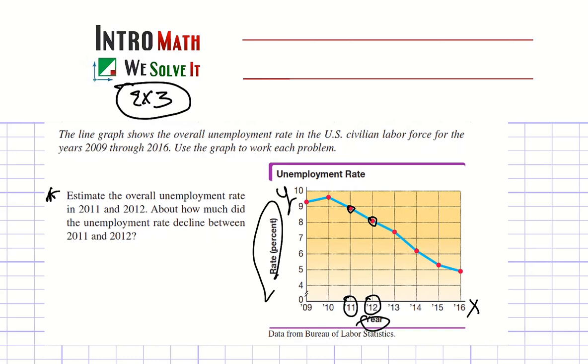The information on the x-axis represents years. The information on the y-axis represents the rate of unemployment, okay? So between 2011 and 2012, see, it went down. It didn't increase. It went down, but they want to know how much. They say estimate it.